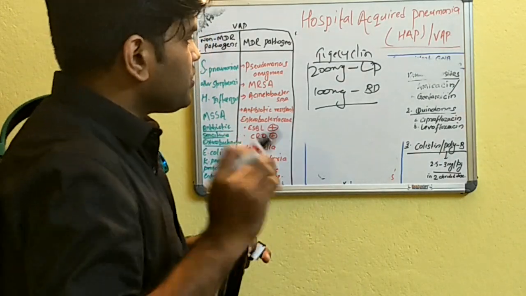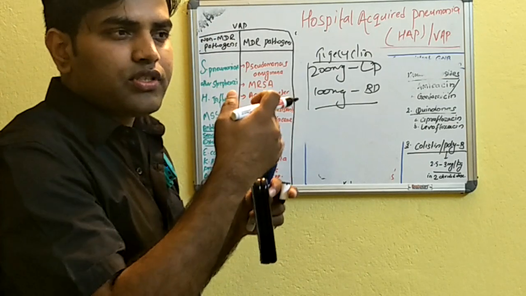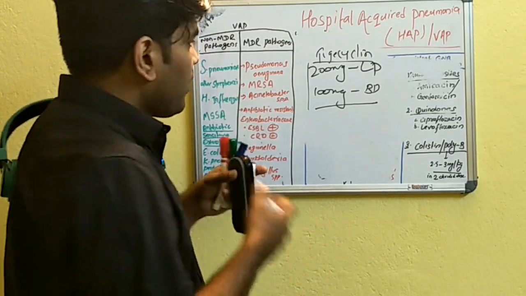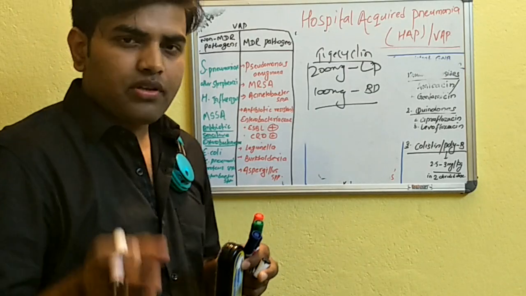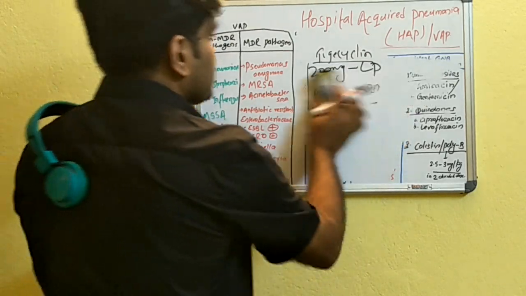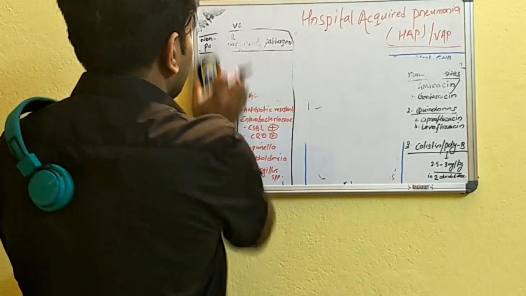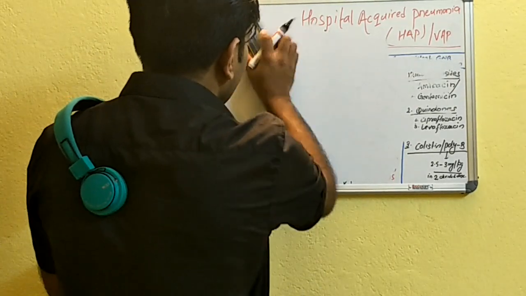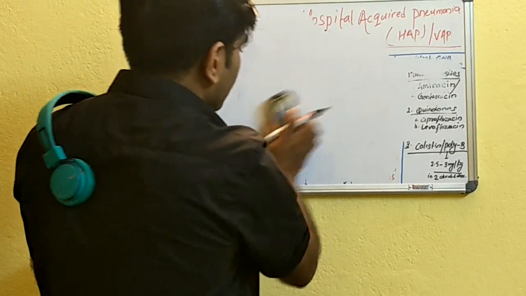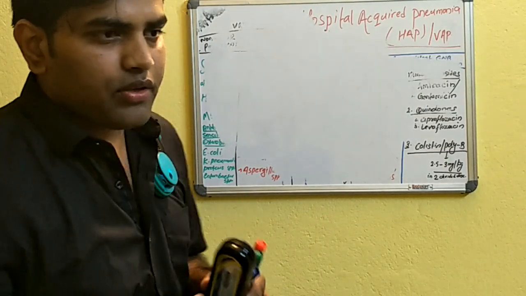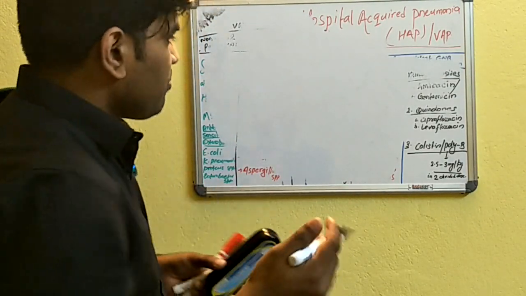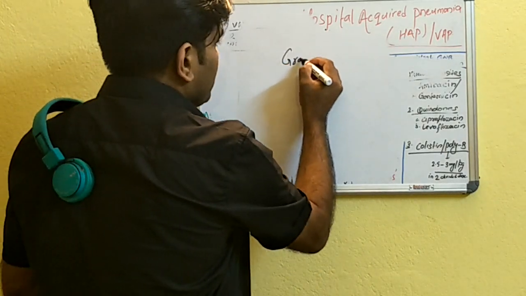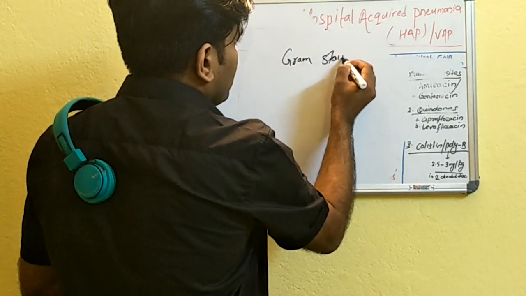Okay, now I have talked about the pathogenesis, the causative organisms and the treatment options. Now let me discuss a little about the microbiology part, how diagnosis is important and what things you need to consider. Mainly, the sample you have sent is a sputum sample for gram stain and culture.